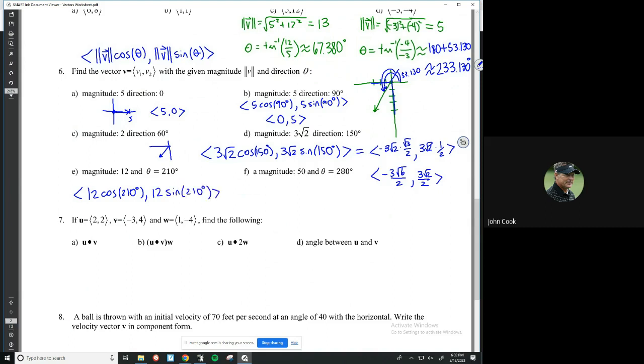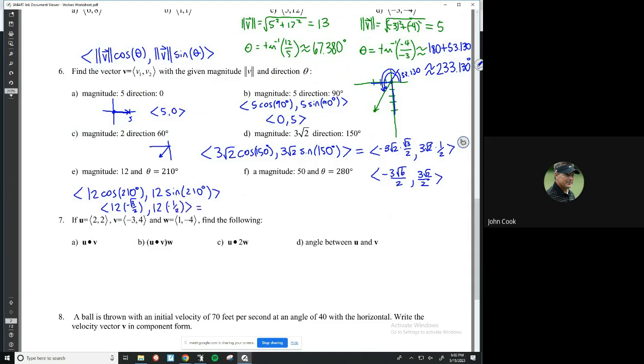All right, let's see what we got here. So that's going to be, cosine of 210 is 30 degrees past 180, so that'd be reference angle of 30. So cosine is negative square root of 3 over 2, and then 12, and then sine is negative a half, so times negative a half.